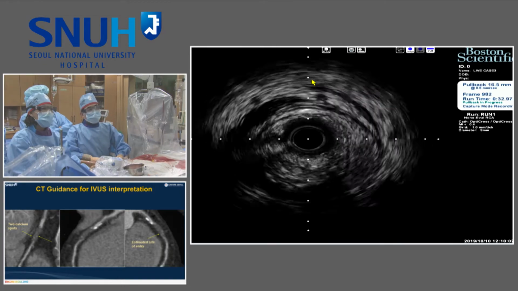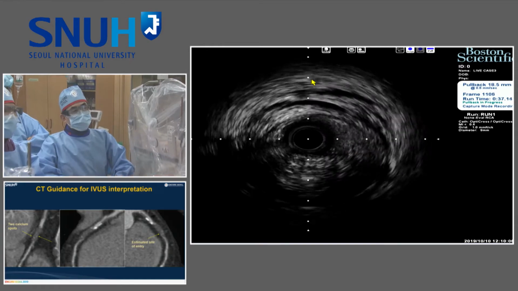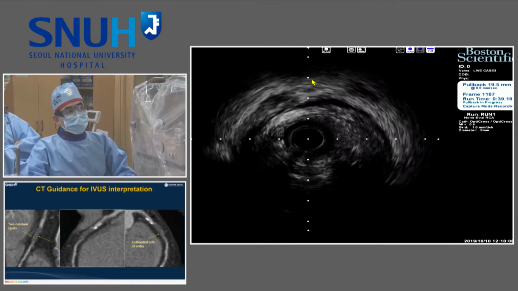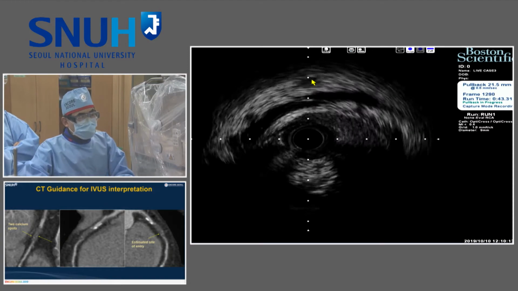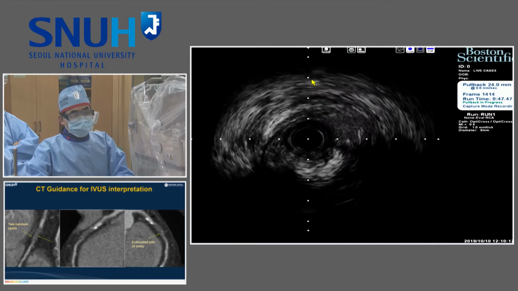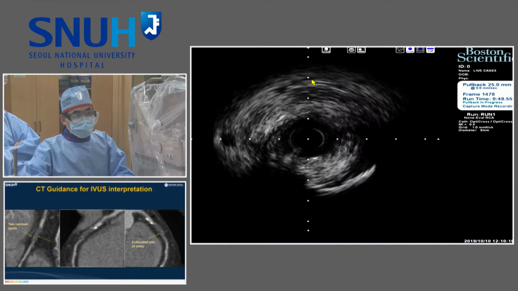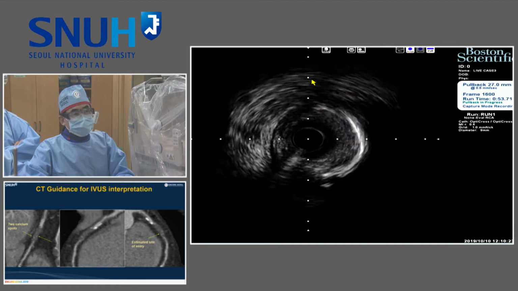So, what size of the stent for this lesion? Proximal 3 or more, then I can decide the distal morphology. I see the distal morphology and decide which size, which length.